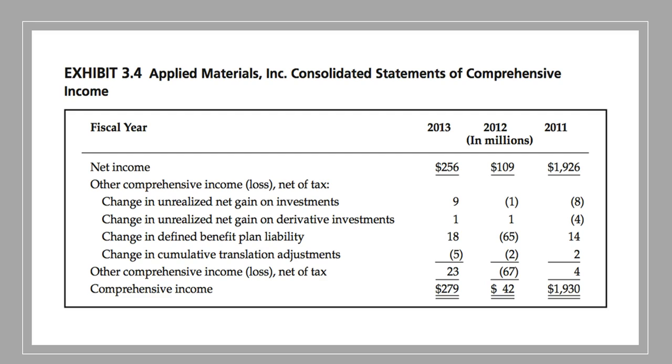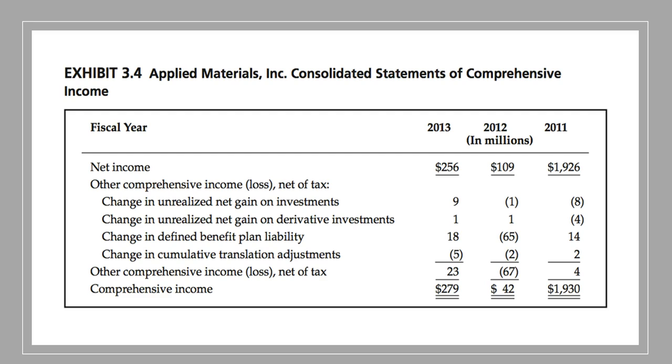So we have change in unrealized net gain on investments, change in unrealized net gain on derivative instruments, change in defined benefit plan liability, and change in cumulative translation adjustments. On the investments, these are non-shareholder transactions. The net gain, or maybe net loss, on investments: we've taken our excess cash and bought investments.